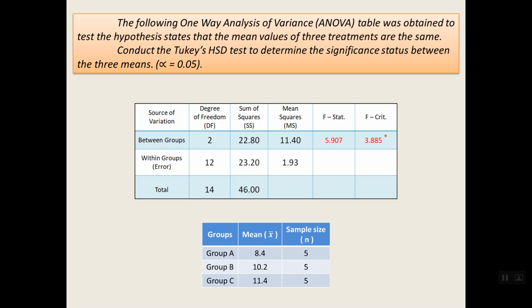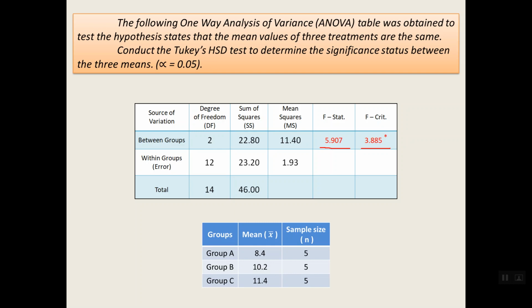If we check the value of the F statistic, or the calculated F, it is 5.907, while the critical value of F is 3.885.